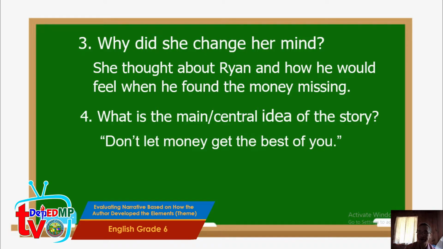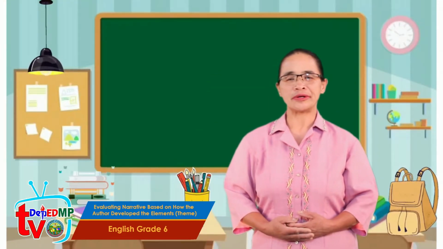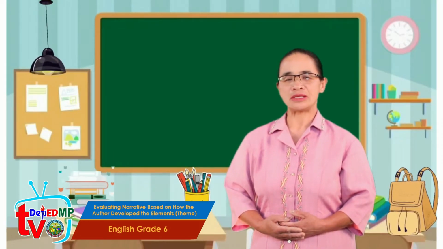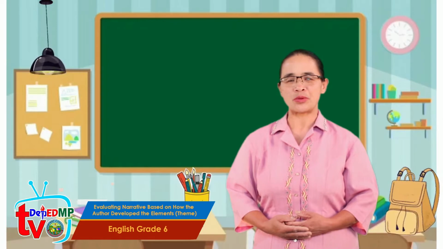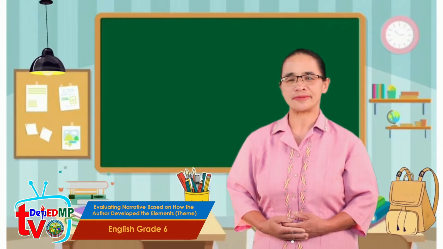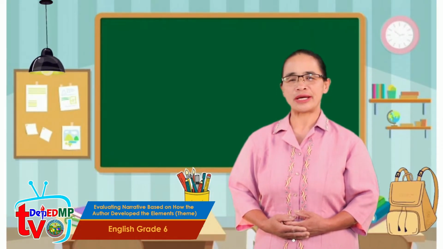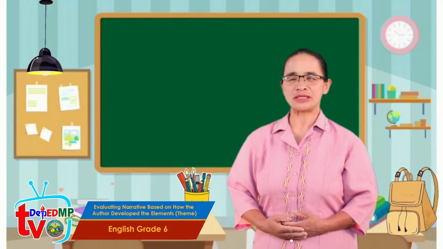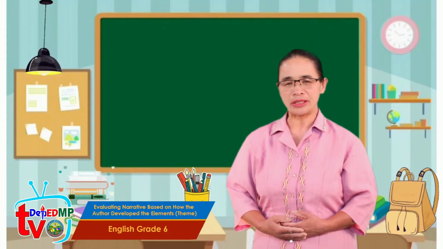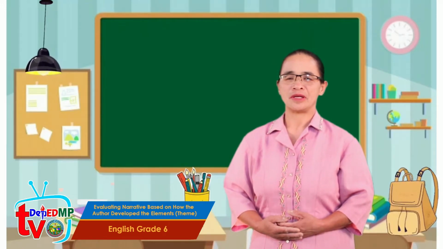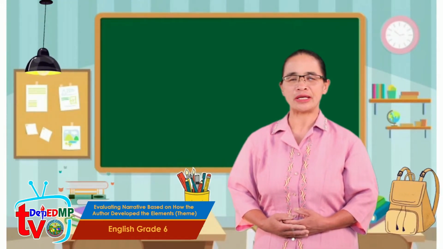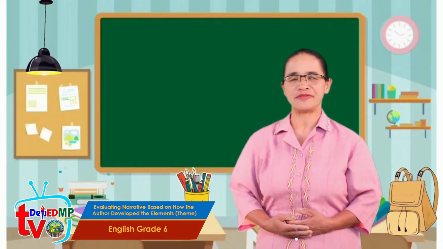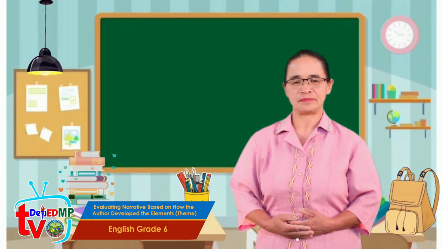Very good. Every story has a central idea or theme. The theme is the message that a reader takes away from a story or text. It is what the writer is trying to say about life. It may be stated directly or indirectly. You must first read the story and understand the elements like the characters and the plot before you can locate the theme.